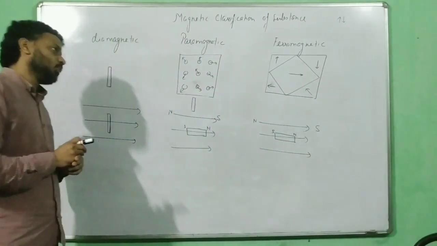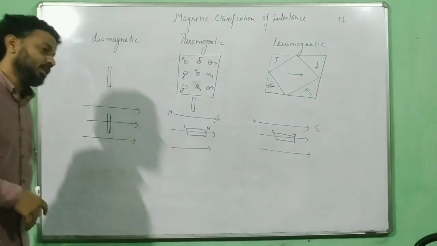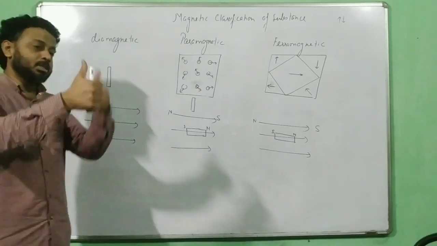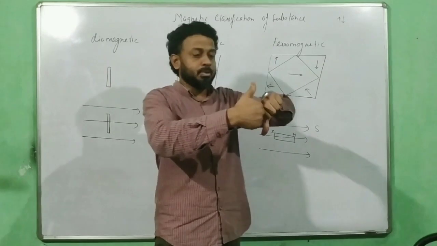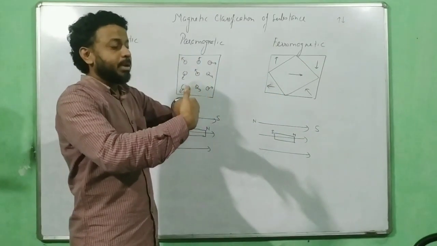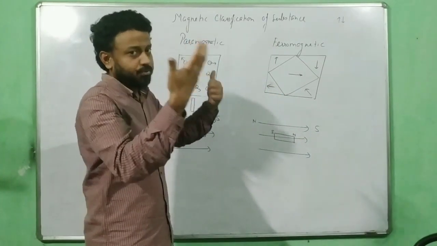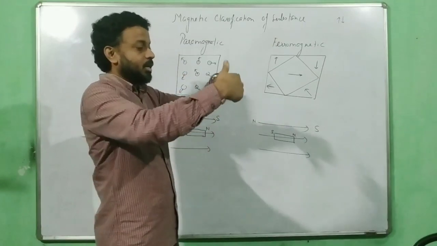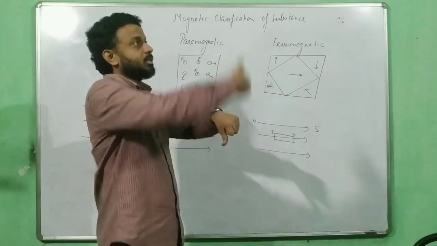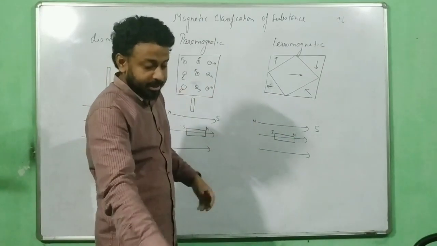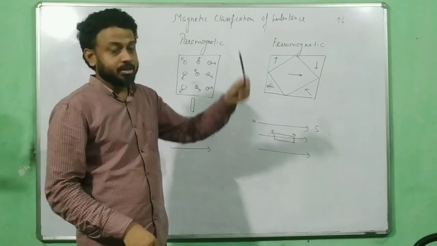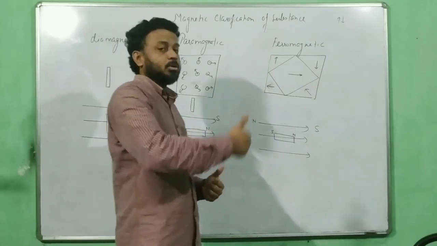Okay. So what happens when you put that in the magnetic field? Remember when you have a spin up and spin down. Let us say I have one electron spin up, other electron spin down. For simplicity, let us say spin up has a magnetic moment in this direction and spin down has a magnetic moment in this direction. As soon as you create a magnetic field, let us say an upward magnetic field, what happens?